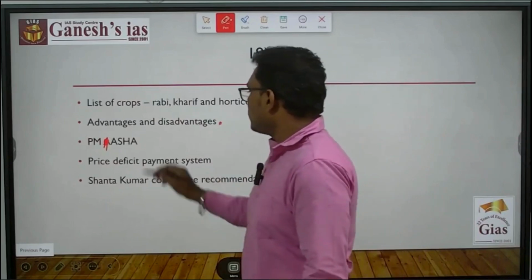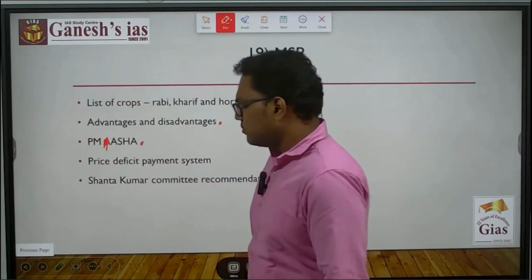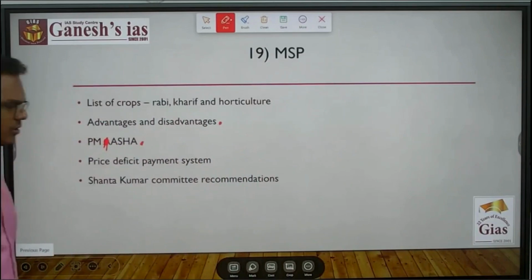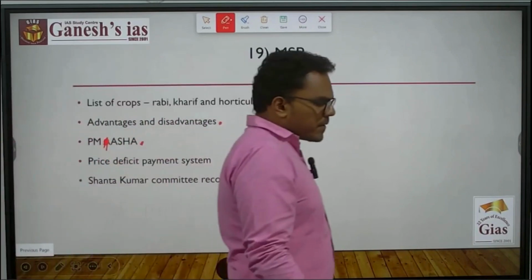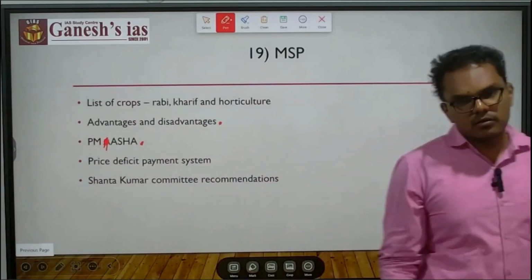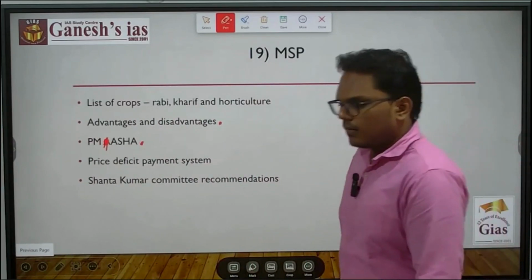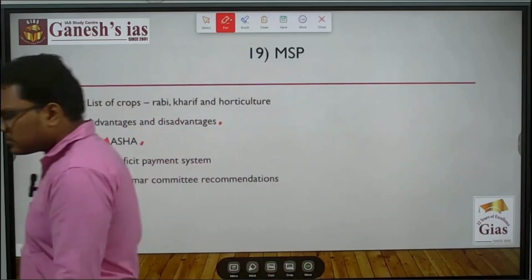So you need to do that, and then you need to know about PM Asha. PM Asha is a scheme for pulses and oil seeds, and then you have three verticals or three components of PM Asha. You have a minimum support price kind of scheme there.